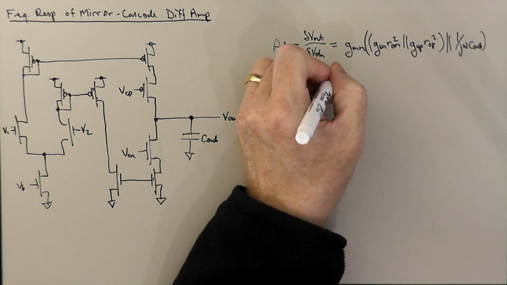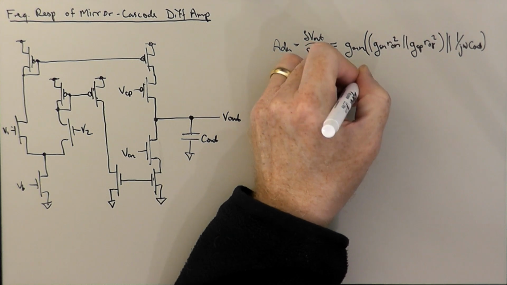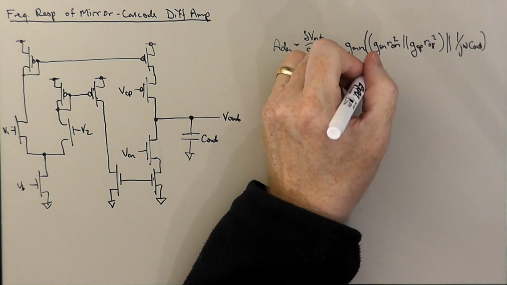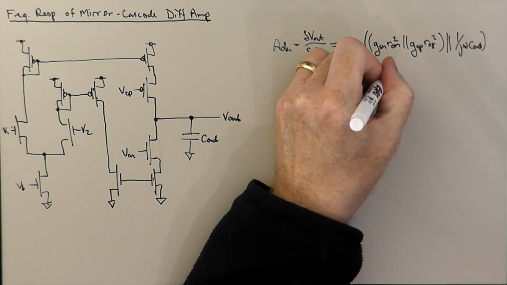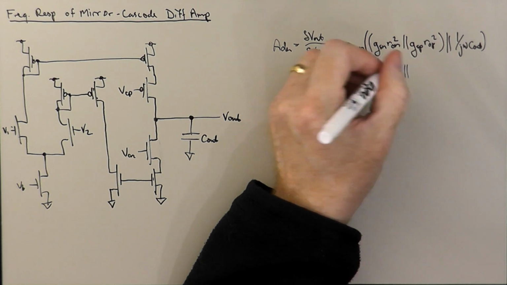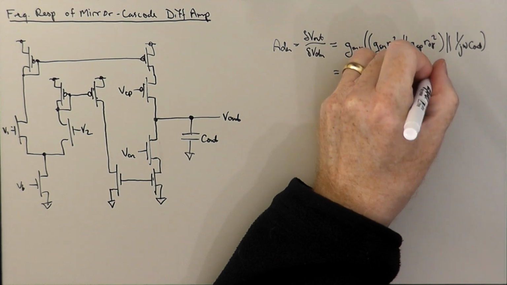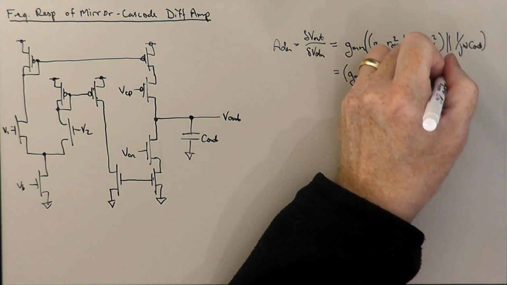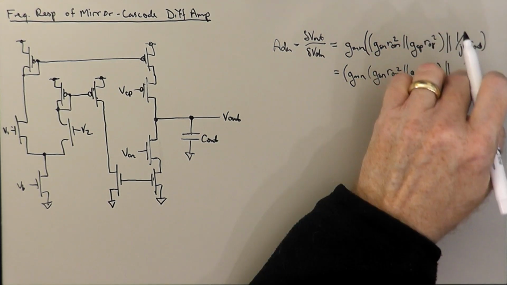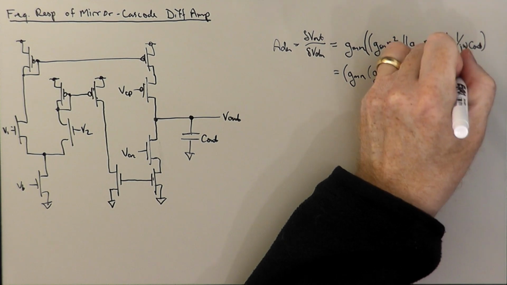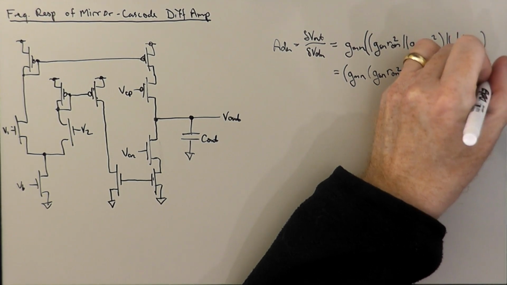And so this is equal to GMN times GSN RON squared parallel GSP ROP squared in parallel with, actually, GMN over j omega C out.